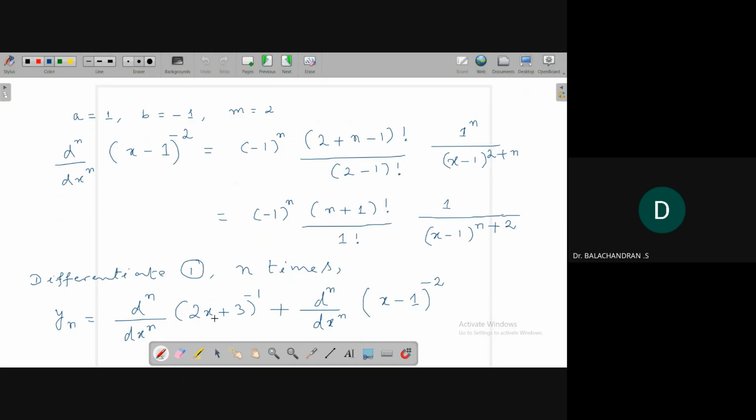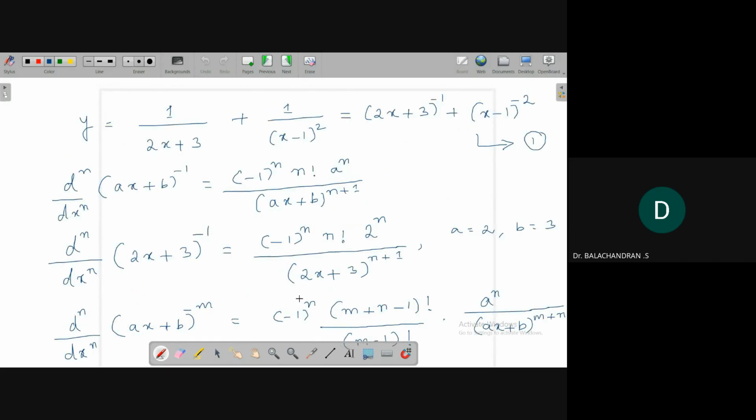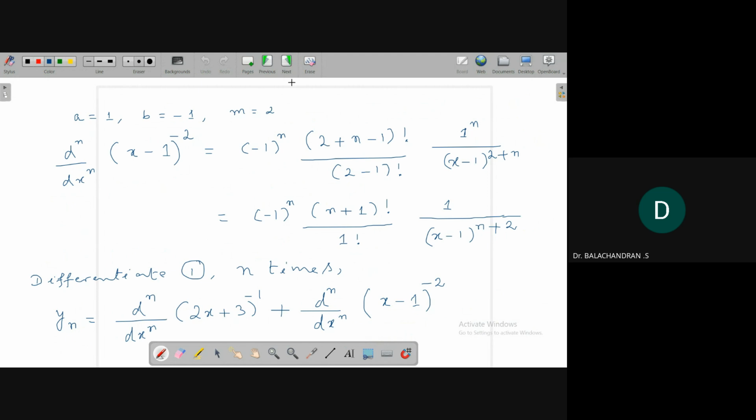Already we got nth derivative of 2x plus 3 whole power minus 1 here, so we can put this expression there. And similarly nth derivative of x minus 1 whole power minus 2, I got it here. We just need to substitute.